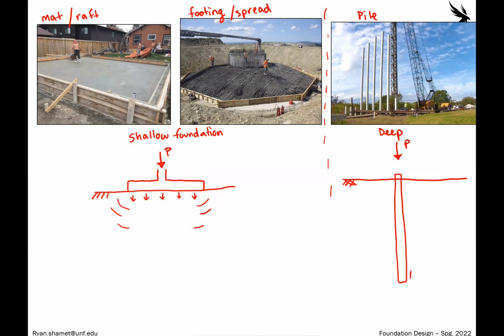And now the majority of the resistance is a frictional resistance along the side of the pile or the drilled shaft. There's still a little bit of soil resistance here, but the majority of it is along the friction. So the type, the shape, and the material of the pile is really important, and that's why they're usually really long, so we can get that resistance there.